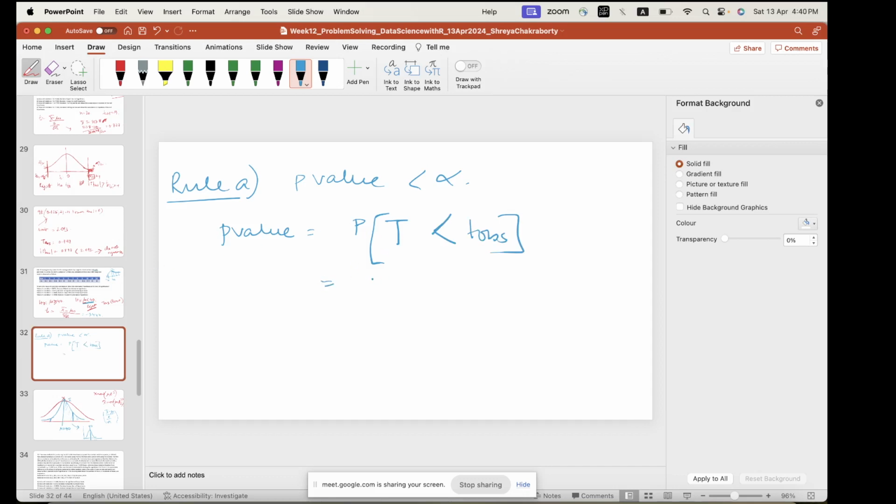Okay, so this is probability. Here you would get it by pt: t observed is minus 3.444, lower.tail equal to TRUE, and df should be 11. So this is your p value.